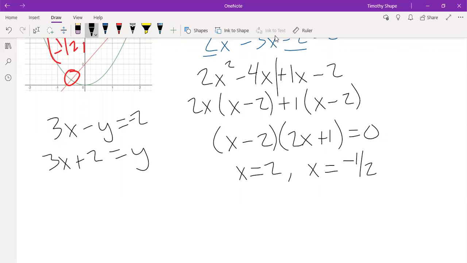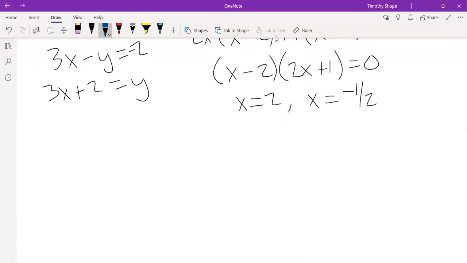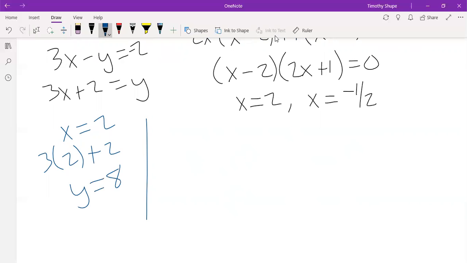That way, when I substitute those values in, I don't have to do as much math to manipulate things. I've got two different x's I'm plugging in. x equal to 2 gives me 3 times 2 plus 2. So 6 plus 2 is equal to 8. So my y value on this one is 8.